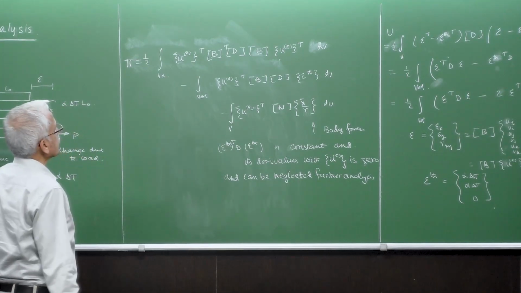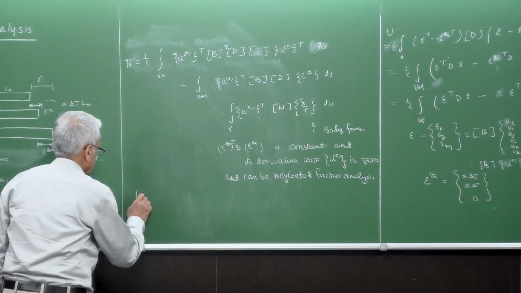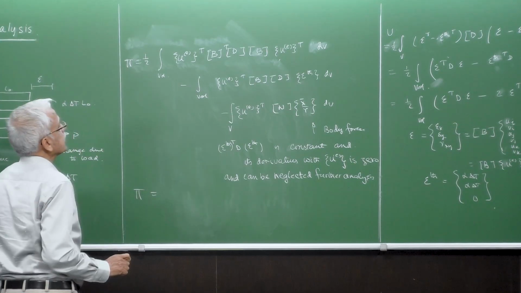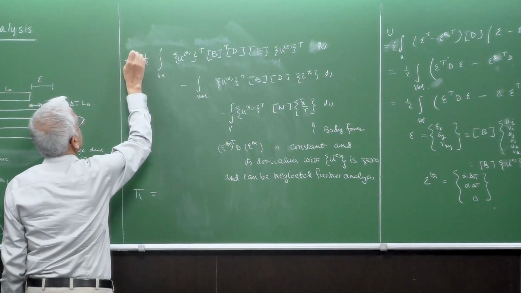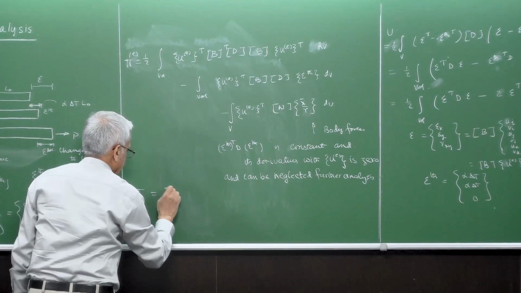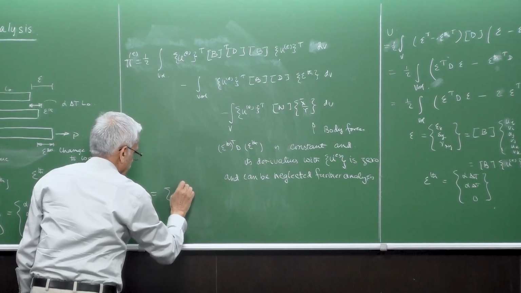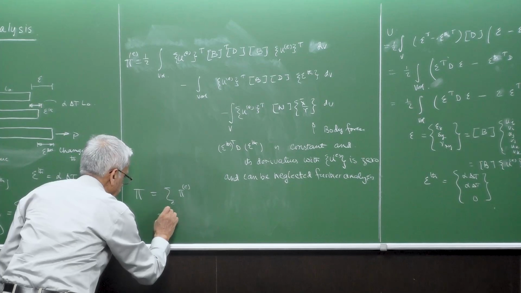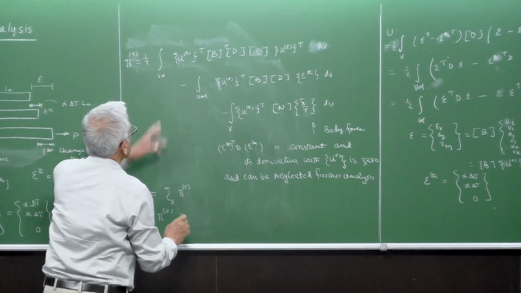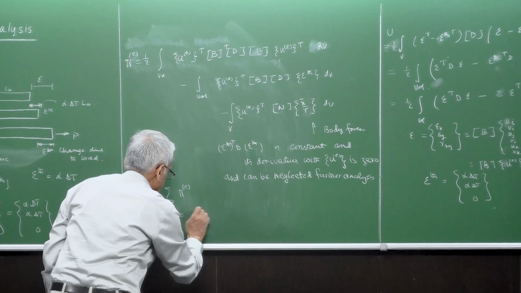All right, so now what we have here is the potential pi, and this is for one element. Okay, you see that this is for one element, and pi, we can write this one. So what is this one?